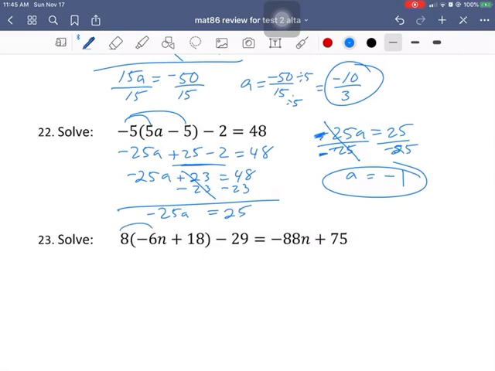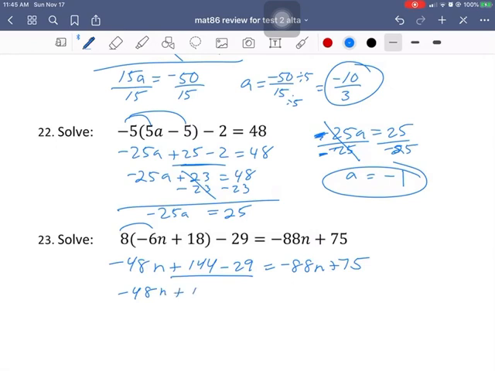Okay? This one is negative 48n plus 8 times 18, 144, minus 29. All right, let's see. Combine like terms.